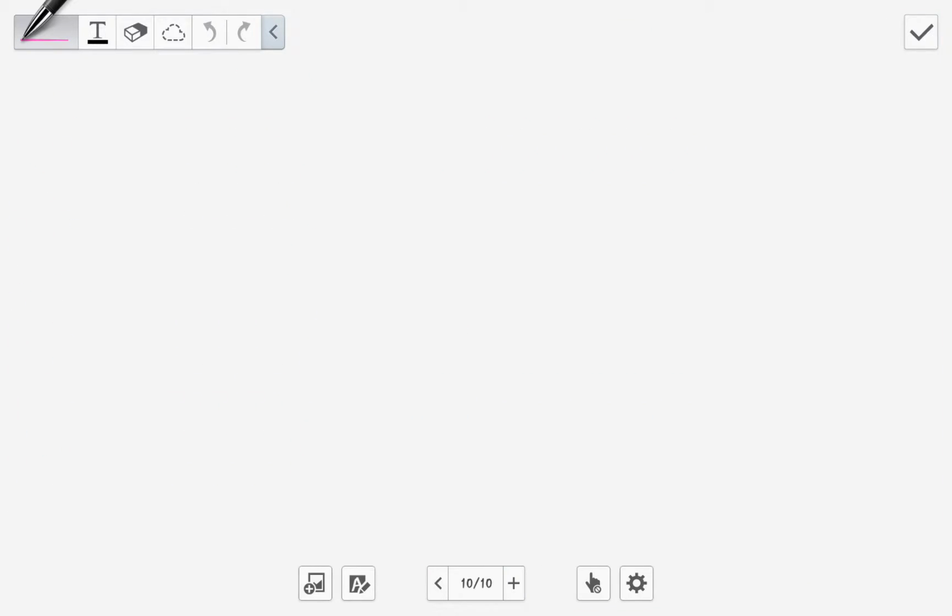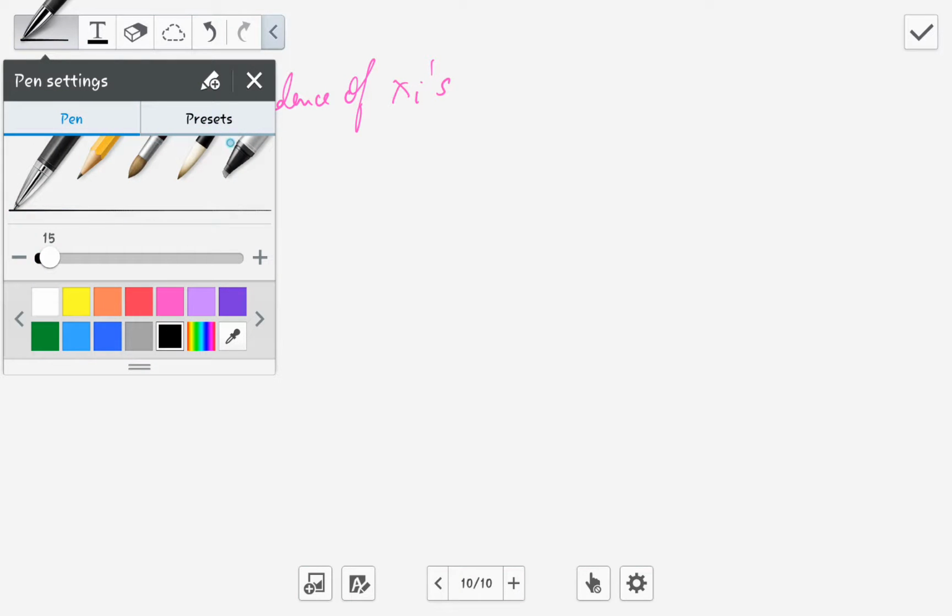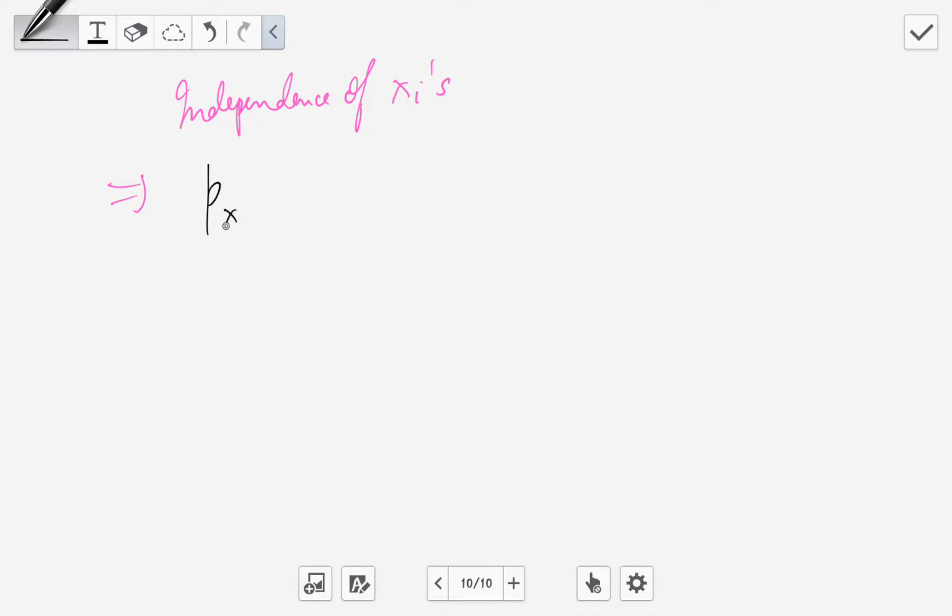Since these are all independent, we assume the independence condition. So independence of the xi's implies the joint distribution p of x1, x2, so on up to xn. This is how we write joint distributions.